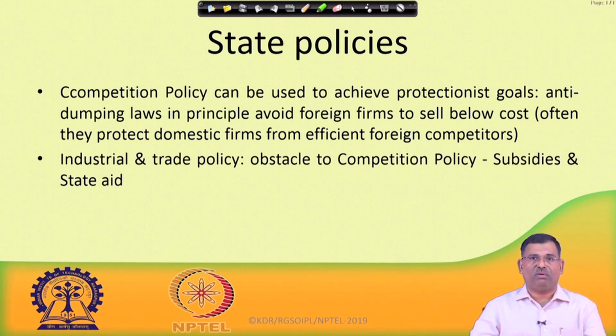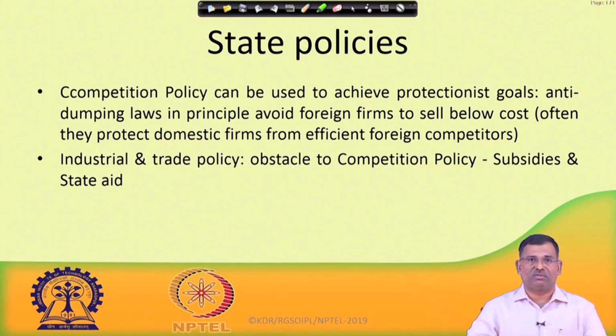So, competition law and trade law must go side by side, and the industrial policies and trade policies should not be an obstacle to the competition policy. For example, subsidies and state aid. There is another WTO law on subsidies, and in order to curb the subsidies, there is the countervailing duty law.